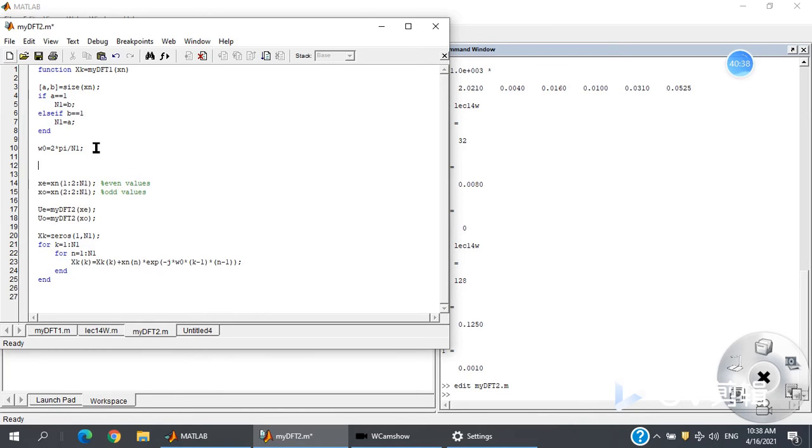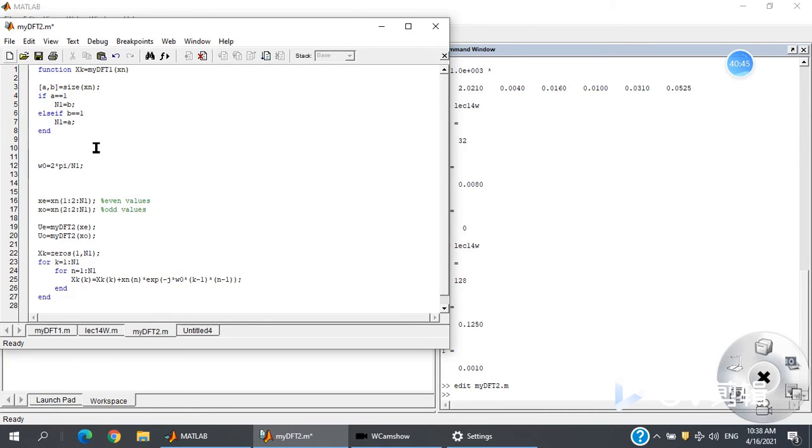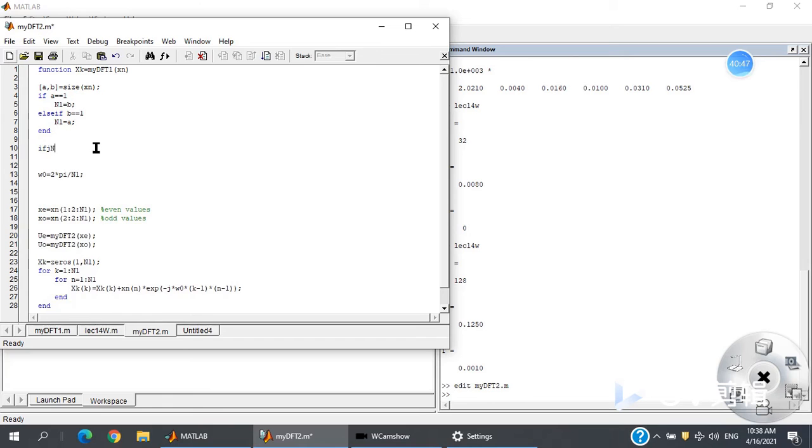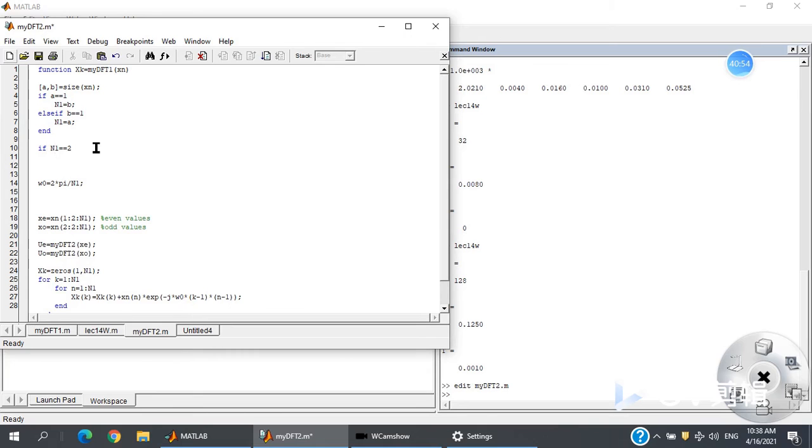Oh, I need the if. Okay, here. If n1 is 2, then return Xk of 0, which will be xn of 0 plus xn of 1.